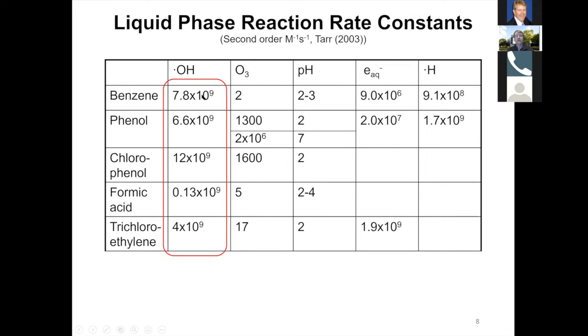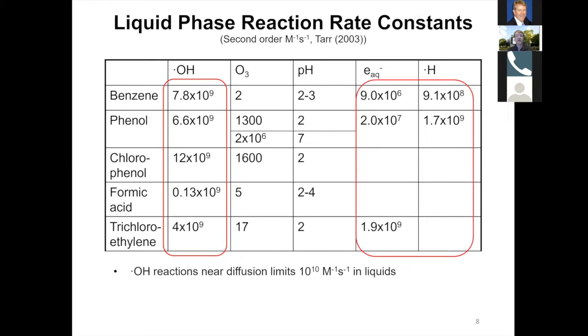You can see these high rates of reaction are very close to the upper limit, what's called the diffusion limit. The OH radical reacts very, very fast. You can also see that the hydrated or aqueous electron can react very fast with some compounds, like chlorinated species. And chlorinated species can also react with the hydrogen radical at high rates.